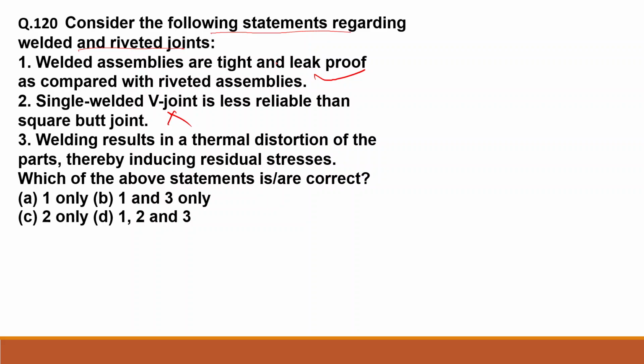Here it is given as less reliable. It will be right only if it says more reliable than square butt joint. Welding results in a thermal distortion of the parts, thereby inducing residual stress. Option C, the third point also is right. And the options 1 and 3 will be our right options.